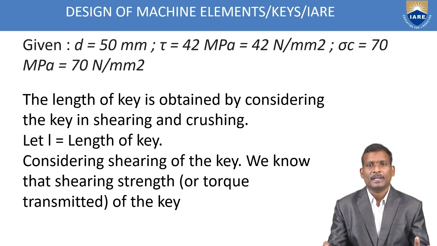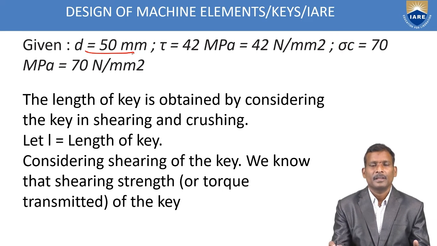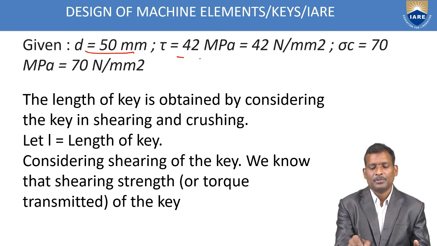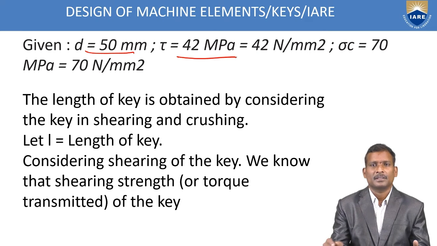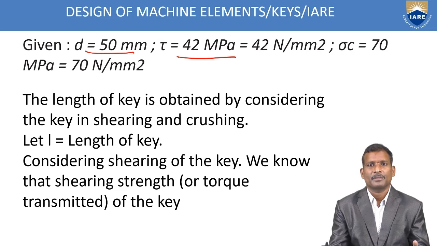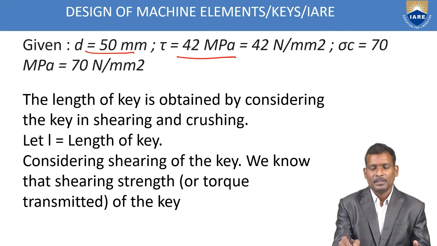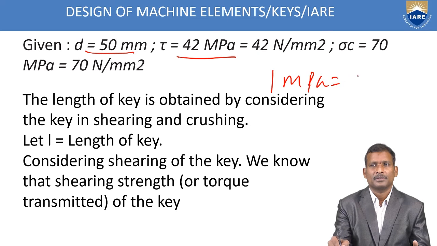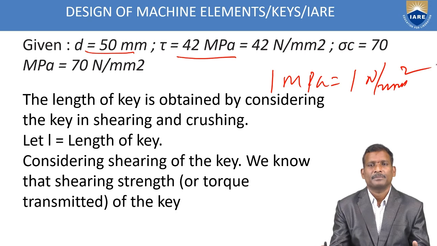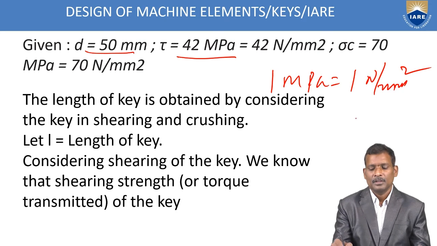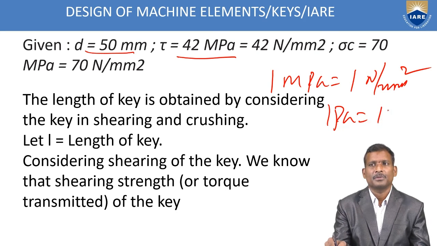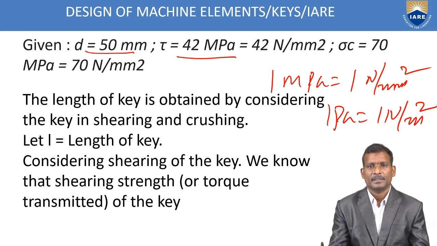First of all, write down the given data. The diameter is 50 mm and shear strength is 42 megapascal. This is converted into 42 Newton per mm square. So, convert into mm square. You already know 1 megapascal is equal to 1 Newton per mm square. 1 pascal is equal to 1 Newton per meter square.